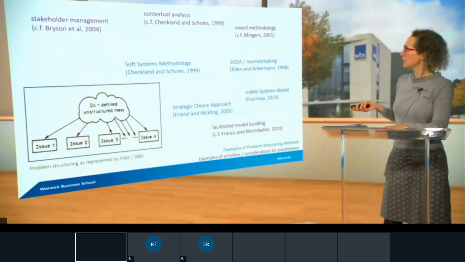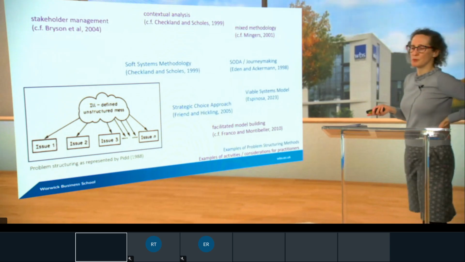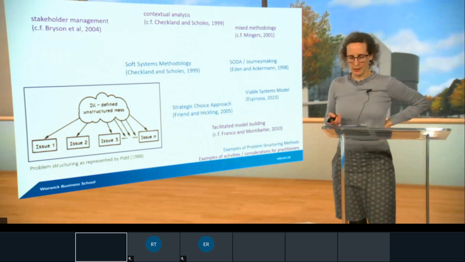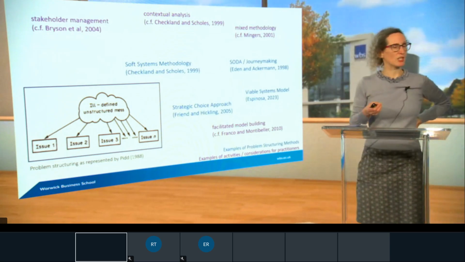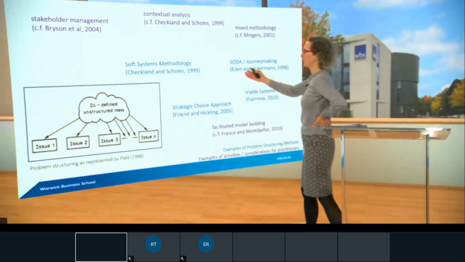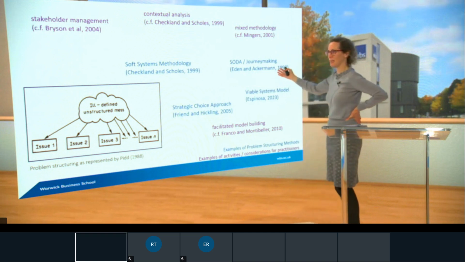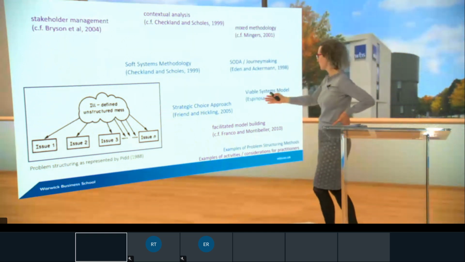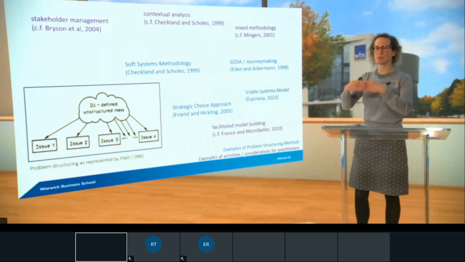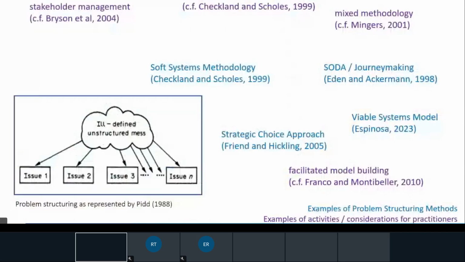Okay, so here then, I have some examples of problem structuring methods, and this is where this lecture is a bit of a challenge really, because we could have an entire 10-week module about soft systems methodology, similarly about SODA, journey making, strategic choice approach, or viable systems model. These are four of the very big, well-established, often used problem structuring methods.